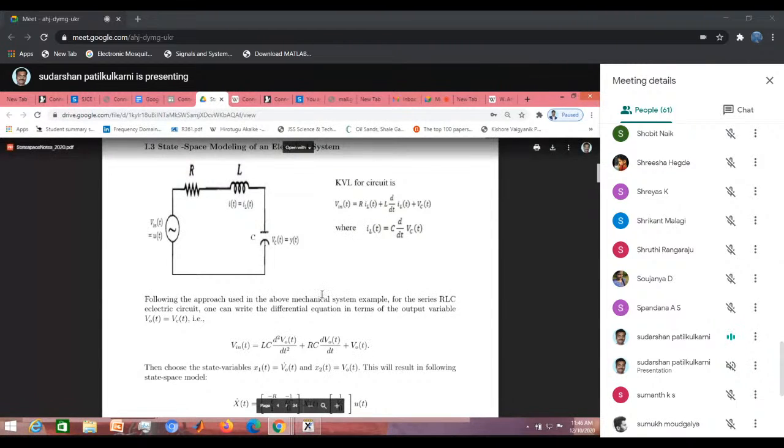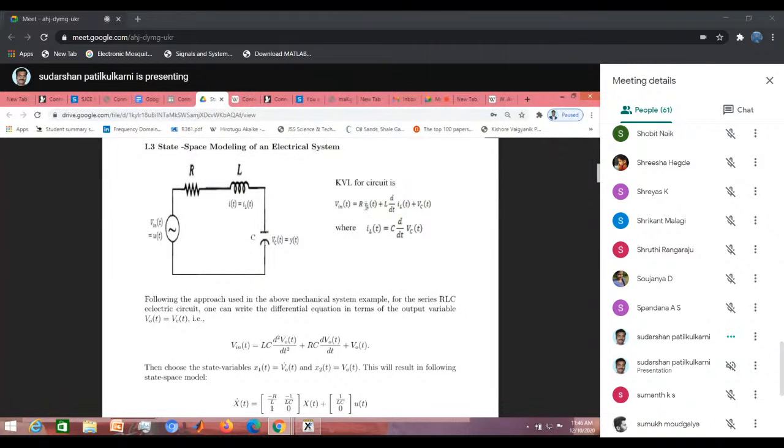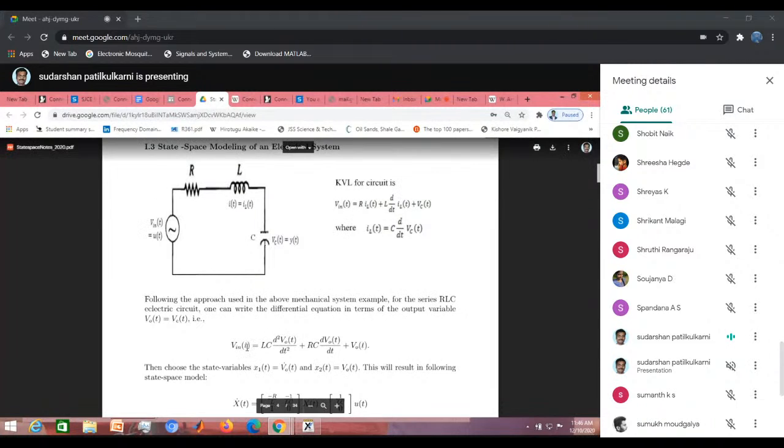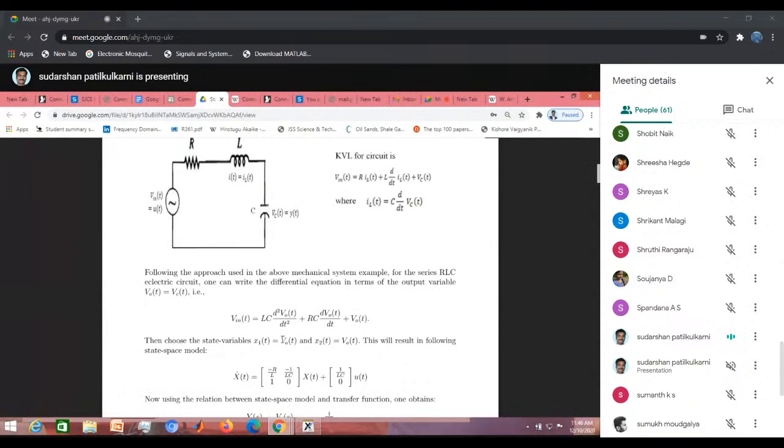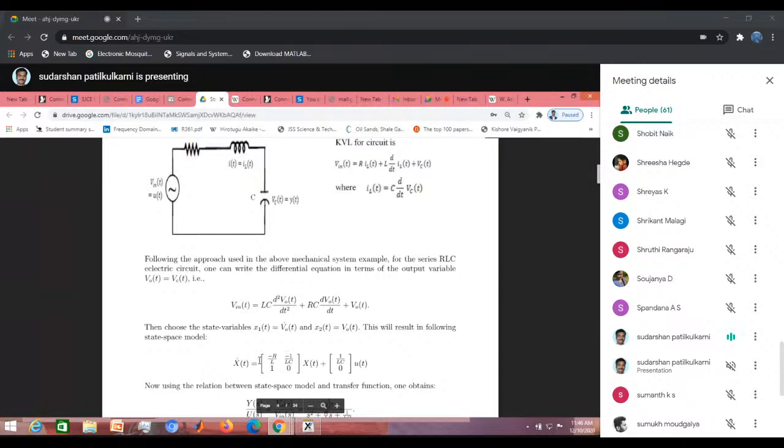So we rewrote the entire KVL equation in terms of V in and V naught, where V naught is nothing but Vc. So dVc by dt as the first variable and Vc of t as the second variable, we could write the state space model.